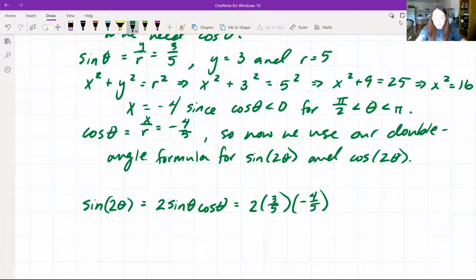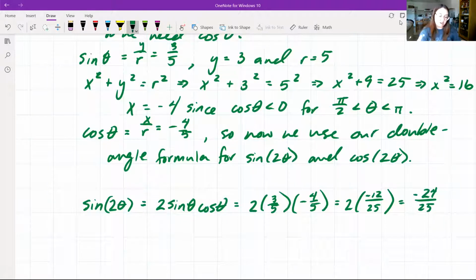When we multiply these values together, 3 times negative 4 is going to be negative 12. So we have negative 12 over 25. We multiply 2 times negative 12. This gives us negative 24 over 25. So sine of 2 theta is equal to negative 24 over 25.